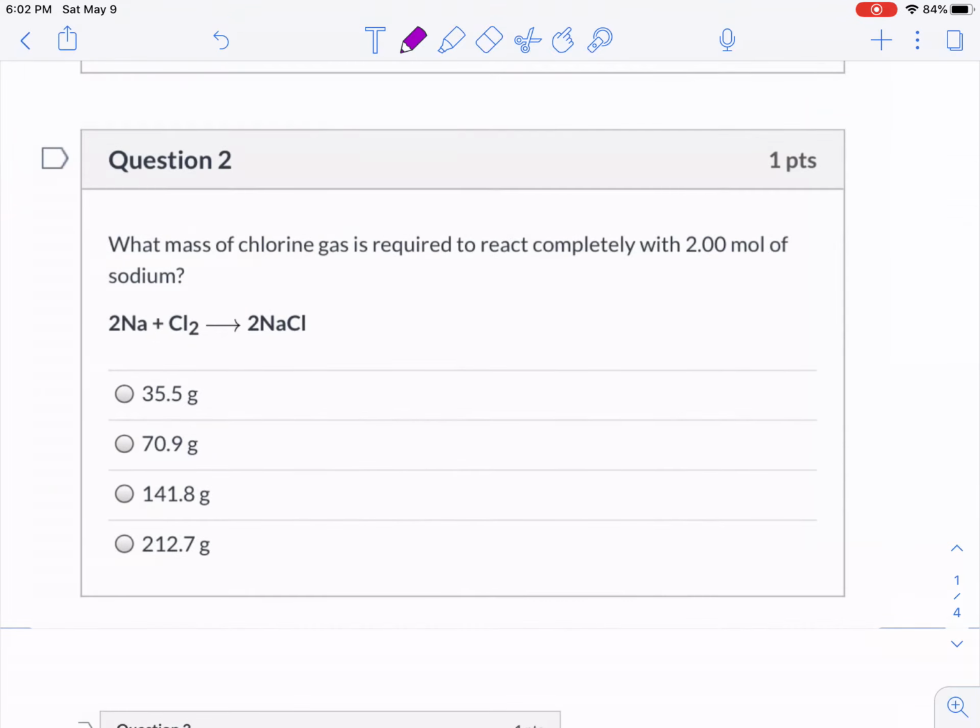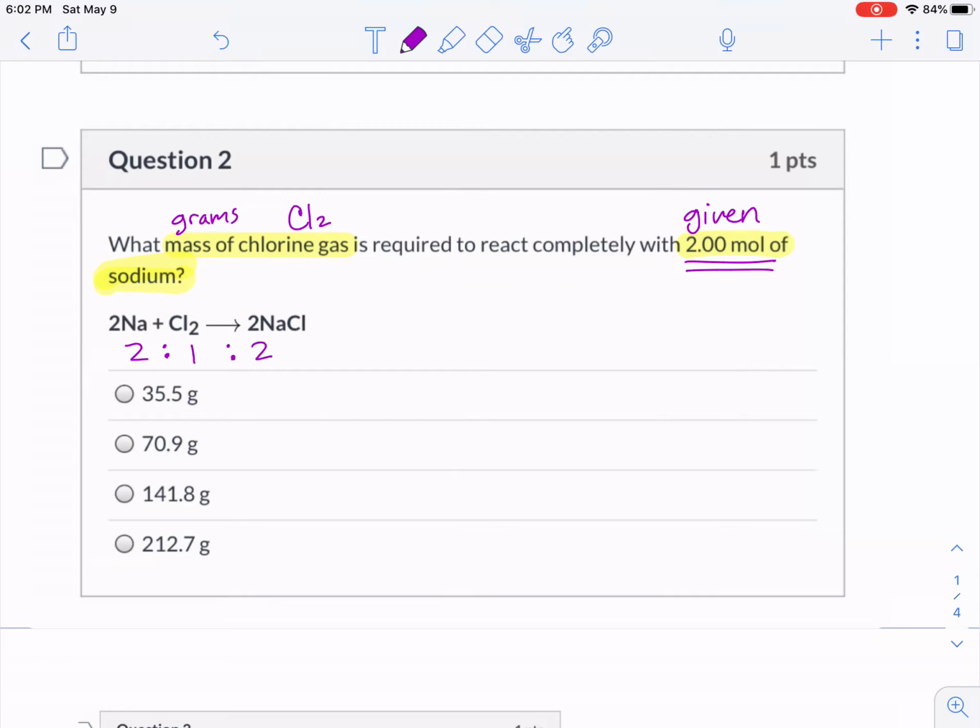Question number 2. Let's look at the question. What mass of chlorine gas is required to react with 2 moles of sodium? Okay, mass is grams. Chlorine gas. Chlorine is diatomic. And this is what we're given. Now looking at, once again, our balanced chemical equation, we see there is a 2:1:2 relationship.